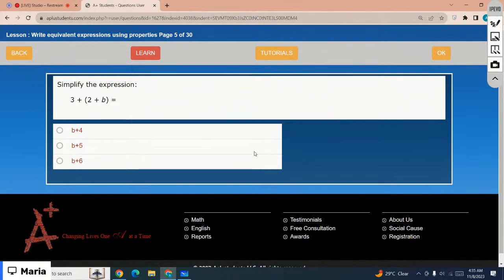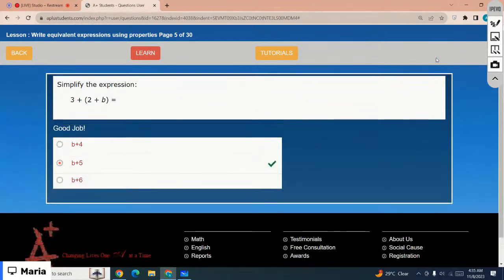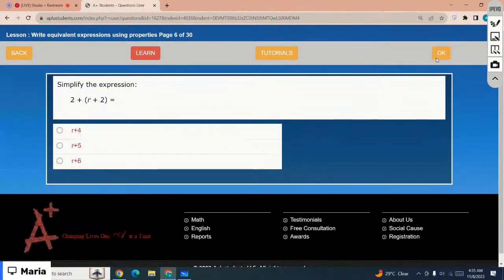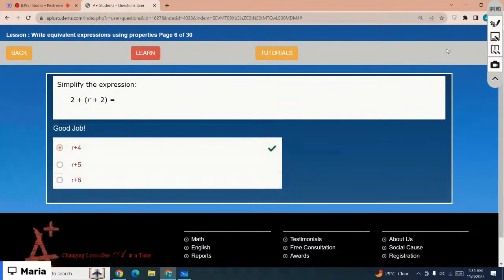Yes, that is b plus 5. Option number 2 is the correct option. Okay, the next one is simplify the expression 2 plus r plus 2. So which is the correct option? The correct option is r plus 4. Option number 1 is the correct option.